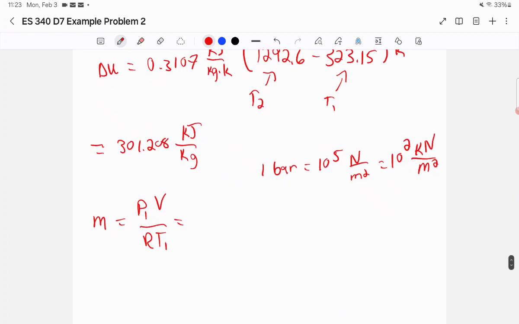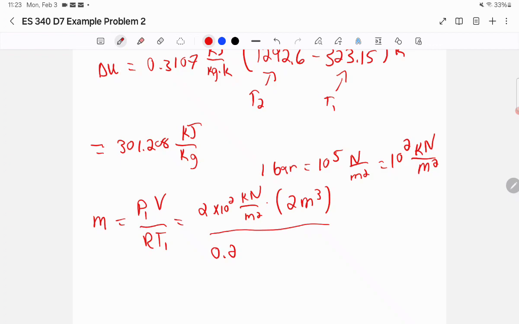And so we get 2 times 10 to the 2nd kilonewtons per meter squared, times 2 cubic meters, because that's the volume of that tank, divided by 0.2082 kilojoules per kilogram times Kelvin.